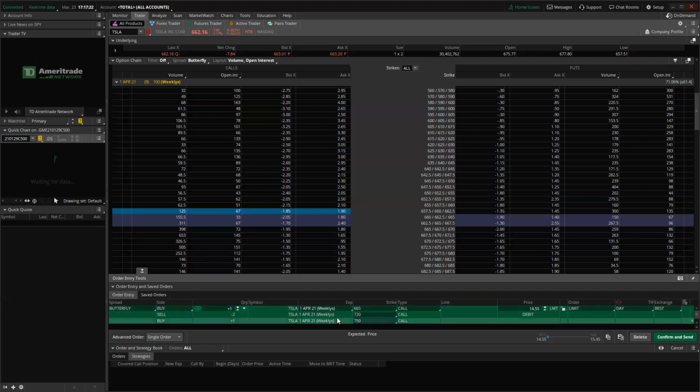That's going to heavily benefit you selling the 720 call, and that's going to pay for your long leg and your other long leg. In the event it starts really moving, you probably want to close the short legs, or close one of the short legs at least, so you have a little bit less risk on the table.